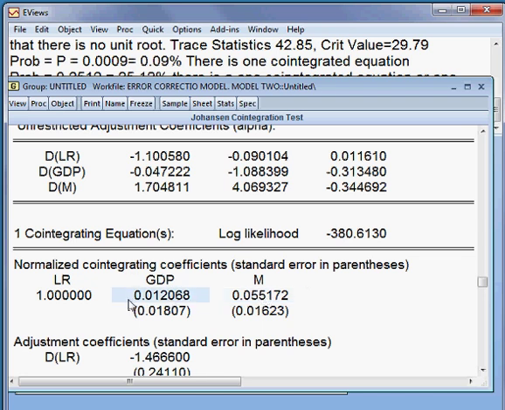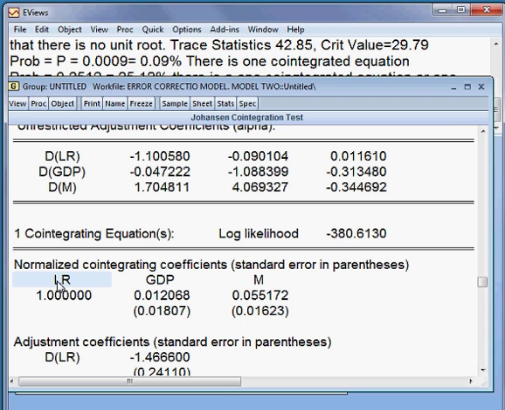So what is happening here? The sign is plus, meaning that when the GDP goes up, the lending rate also goes up, and when the GDP goes down, the lending rate also goes down.